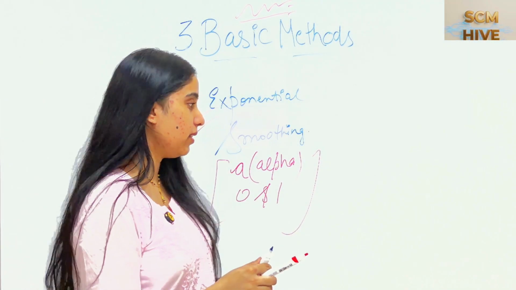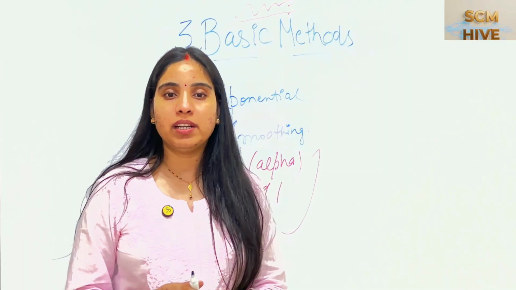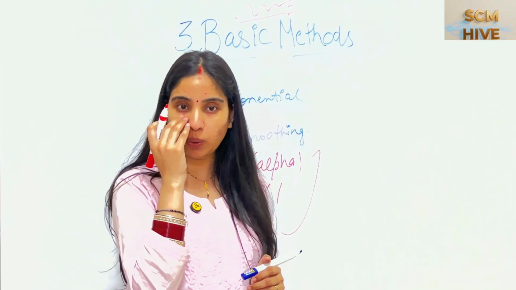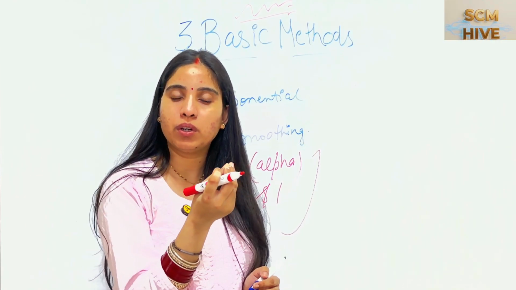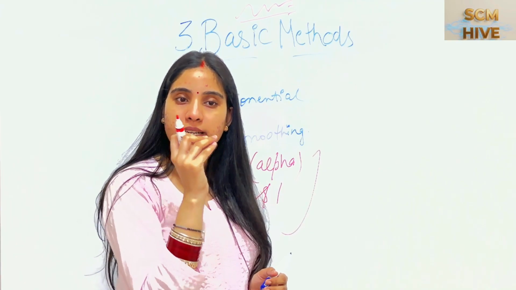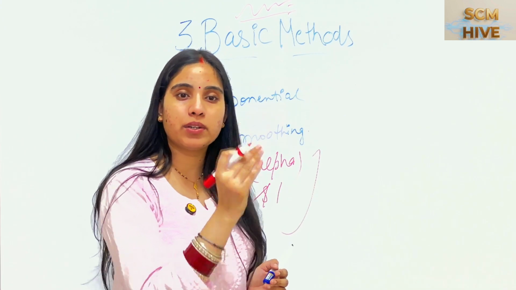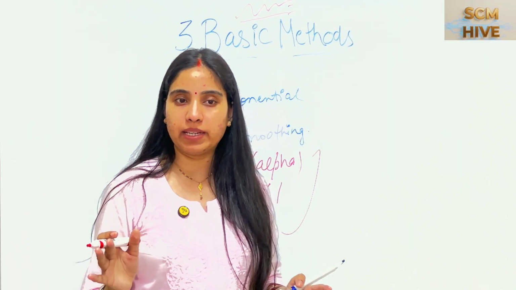A low alpha, close to 0, means old data matters; a high alpha, close to 1, means recent data matters.